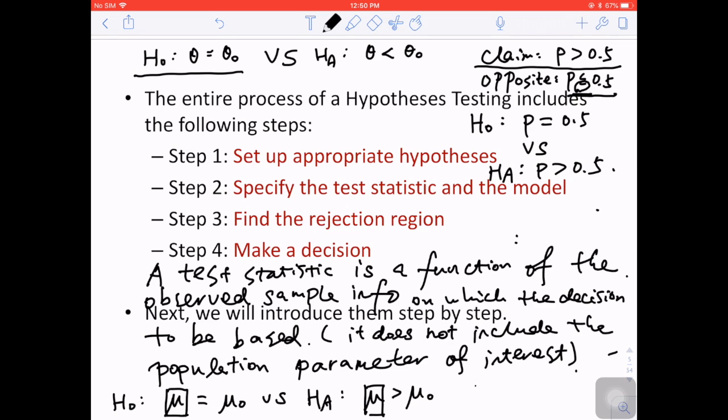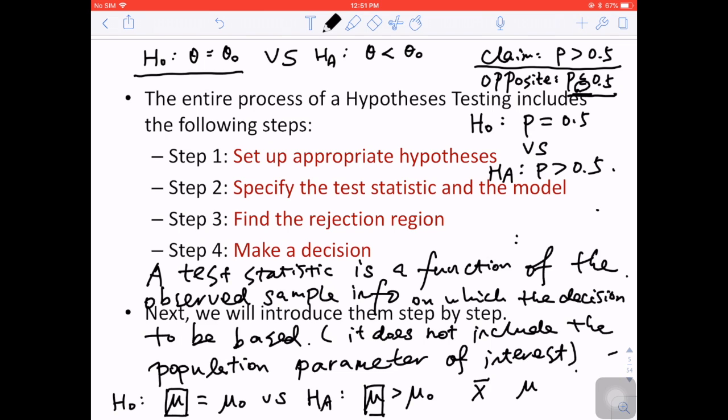For example, we can have the corresponding sample mean. Okay, and our goal is to use the sample mean to estimate the population mean, which means your sample mean should not include any information about, like, you cannot include the exact value of this mu, right? So it's not a function of mu. So mu should not appear in X bar. This makes sense, right? Okay.